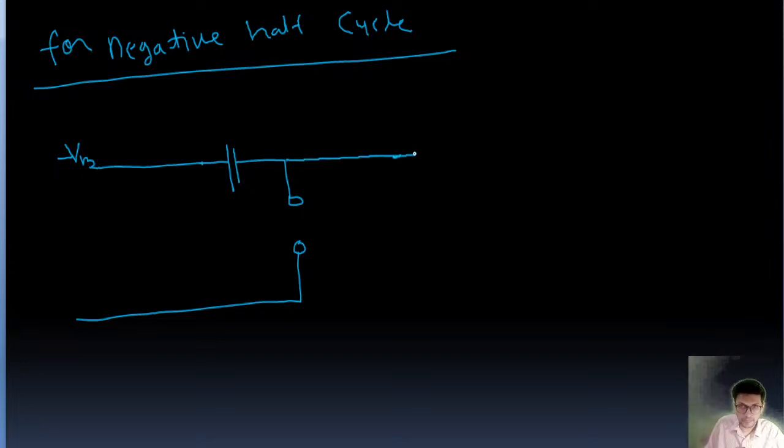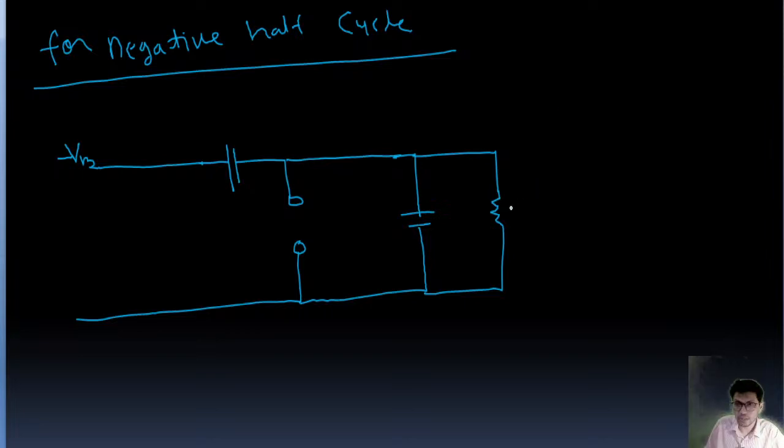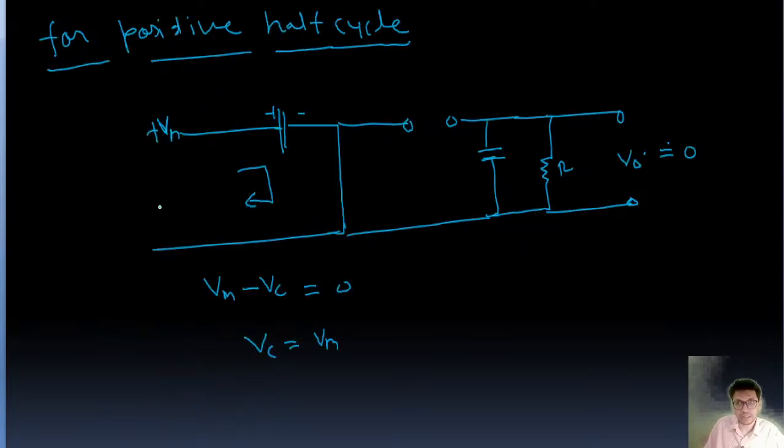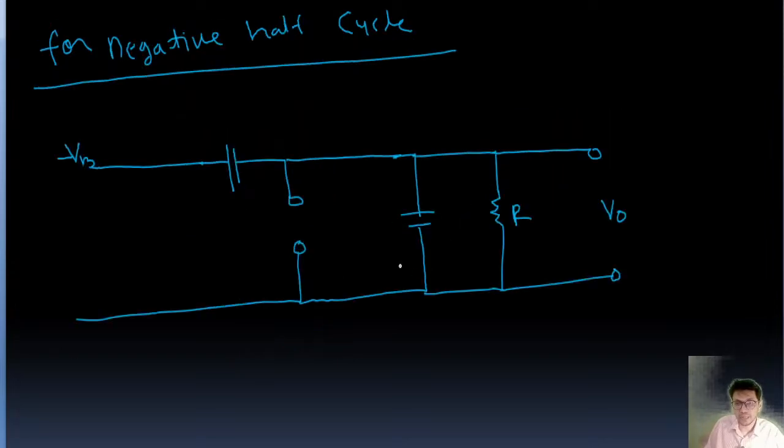Then this is R, and this is V naught. This is C2. Now we have this figure.